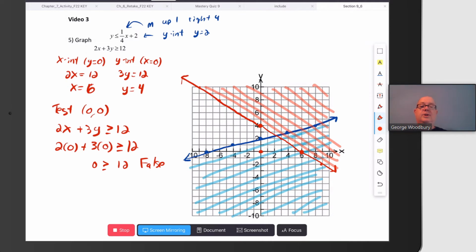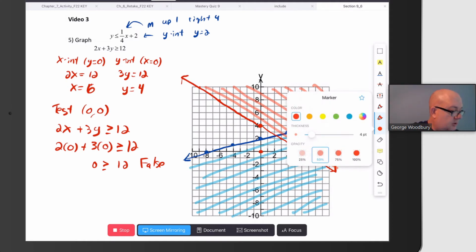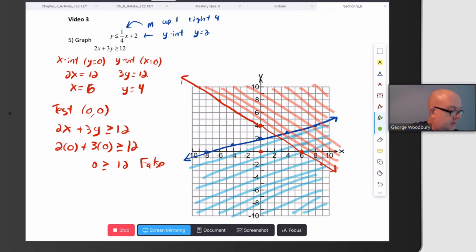And we can see the region where the two shaded regions cross. And so I'm going to switch to one more color. Let's go with green. Where these two crossed, that is where our solutions are.